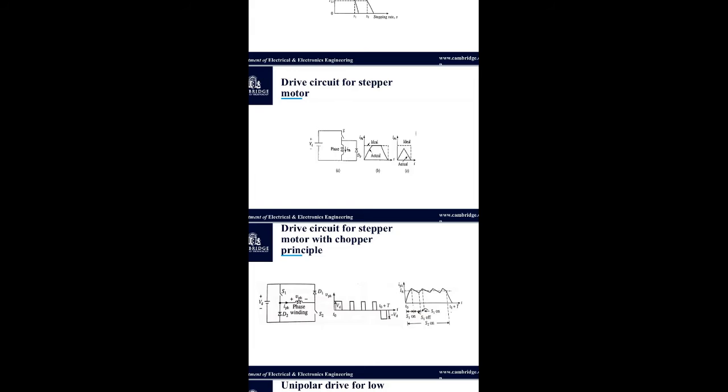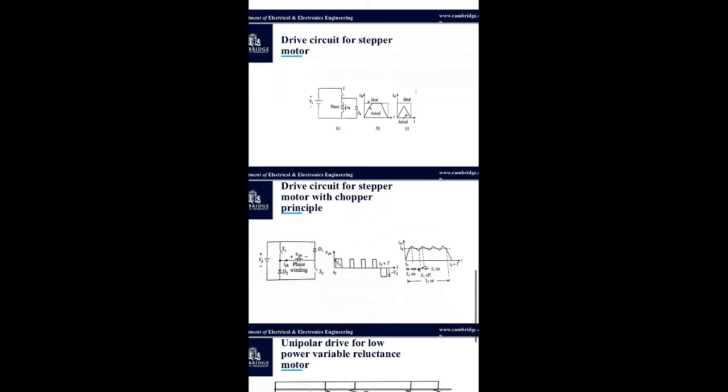Then the drive circuit is used here. What happens in the drive circuit is, to energize the phase, semiconductor switches S1 and S2 are closed at t equal to 0.